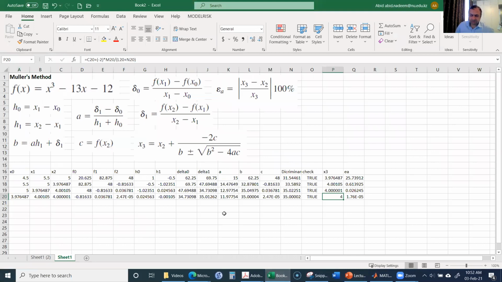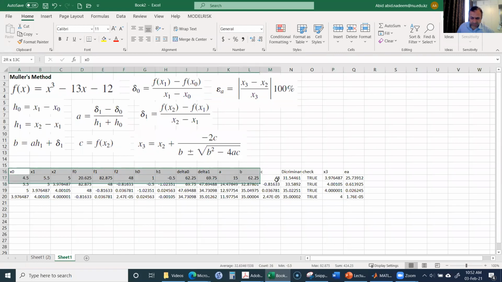in the Excel form. I don't have time now to show all these steps, although I have developed this sheet over here. So you will first calculate all these values x naught, x1, x2, and then f naught, f1, f2, h naught, h1, delta 0, delta 1.